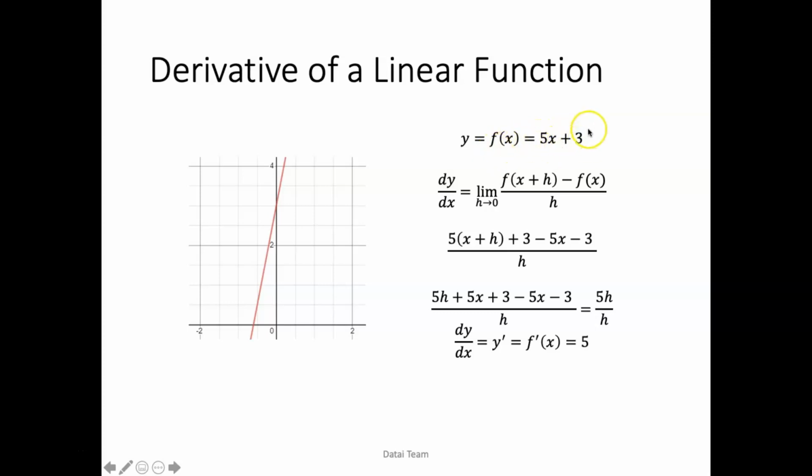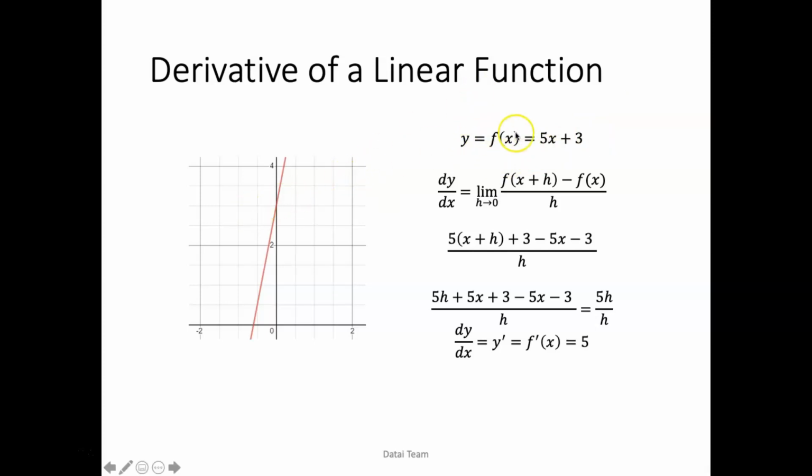Then our y value is equal to 3, and if we write 1 as our x value, the y value becomes 8. So when x changes by 1, y changes by 5. If you put 2 as our x value, we get 13, and that's 5 more than 8, and so on.